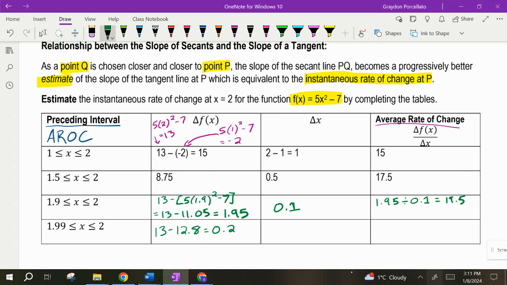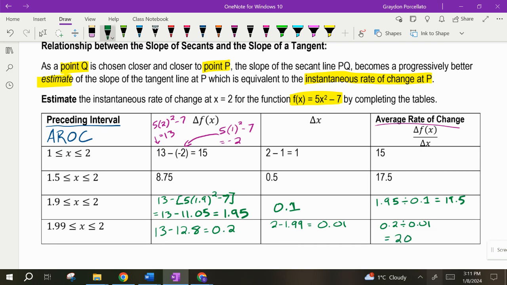And here I go 2 minus 1.99, that's equal to 0.01. And I divide these, 0.2 divided by 0.01, and that would be 20.